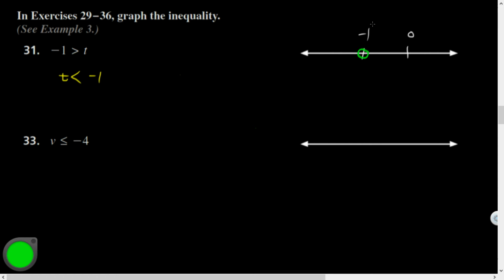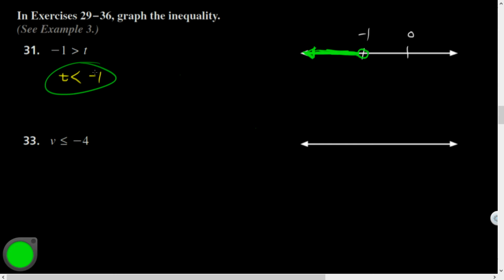And everything less than that, is that to the left or the right? The left. There we go. So everything less than -1 would be represented by that graph.